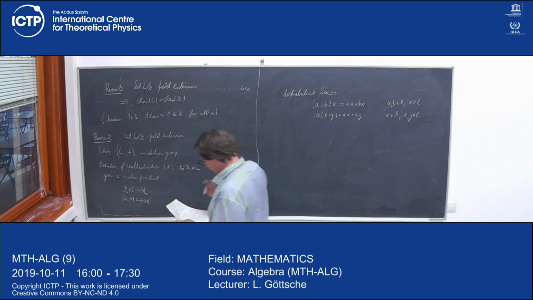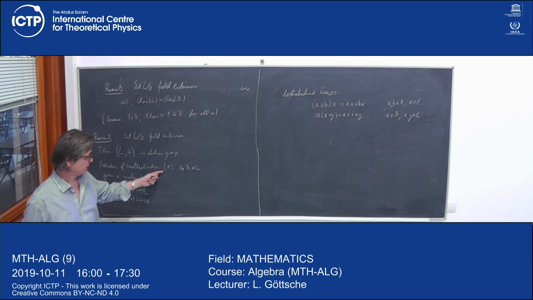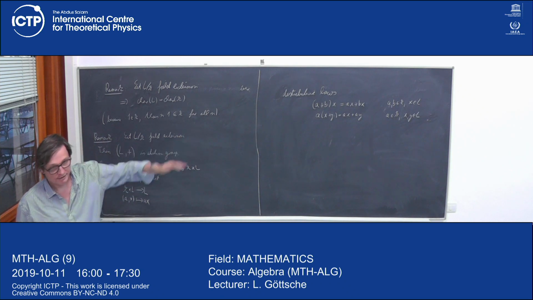So we have these distributive laws. This is just a restriction. We have the distributive laws for the multiplication in L times L, so we certainly have it in this situation.